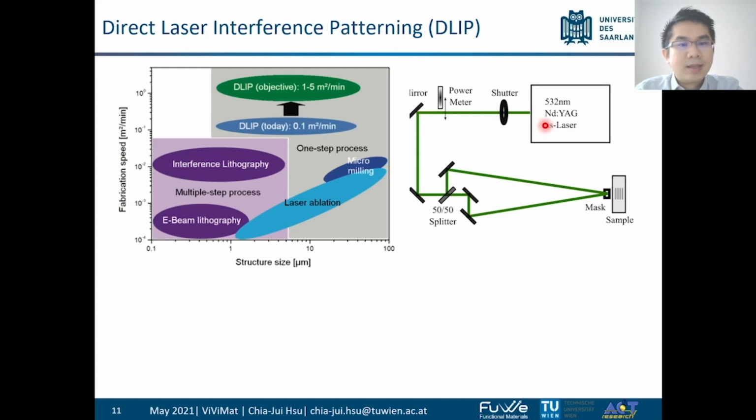You can see the laser comes out of the laser source, a splitter splits it into two sub-beams, and then they are gathered again on top of the surface. Due to the coherence properties, we get an interference pattern.